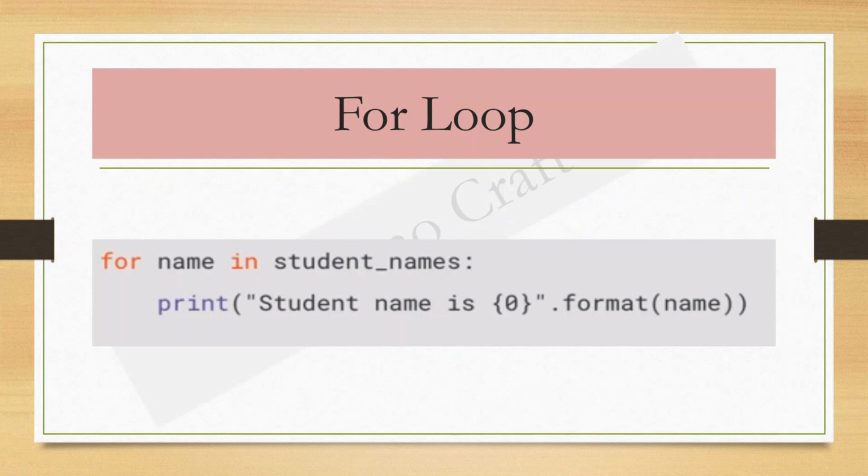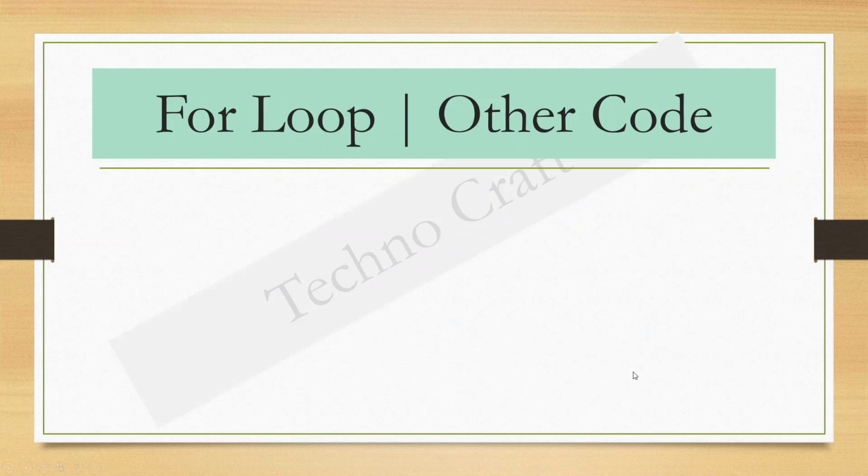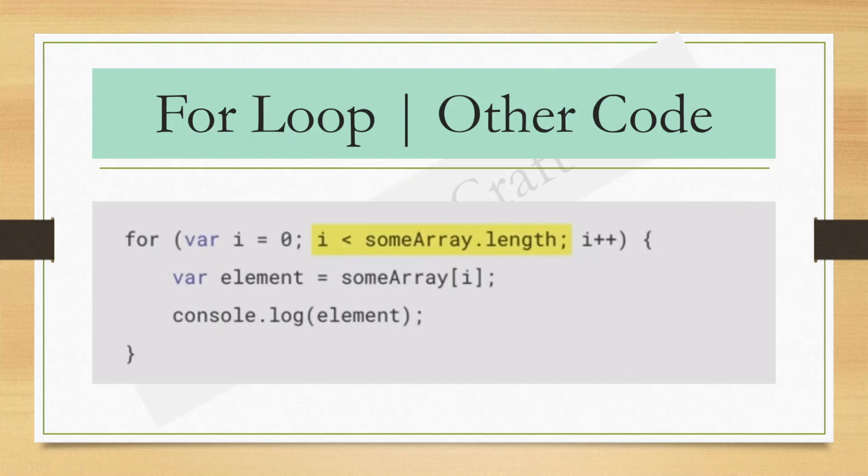Every time our code goes through a for loop, we call it an iteration. Once all the names have been printed, that is once all the list elements have been used, the loop finishes and the rest of the code outside that for loop block executes. If you have encountered for loops in other programming languages, it usually looks something similar to this.